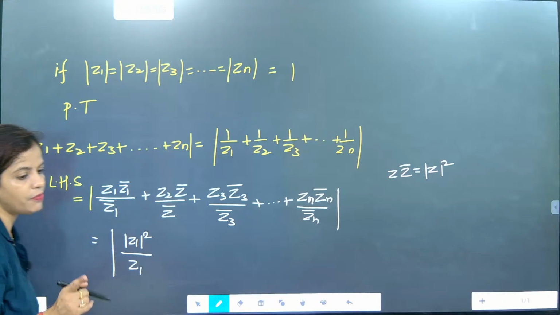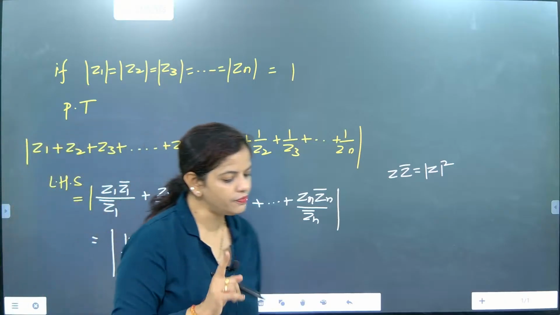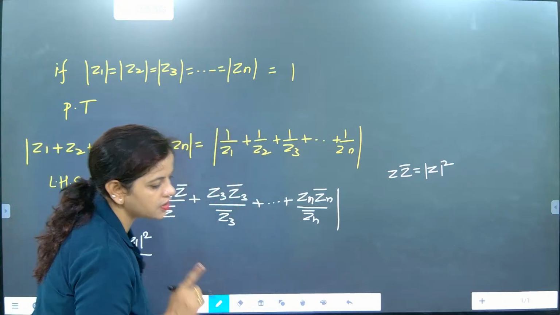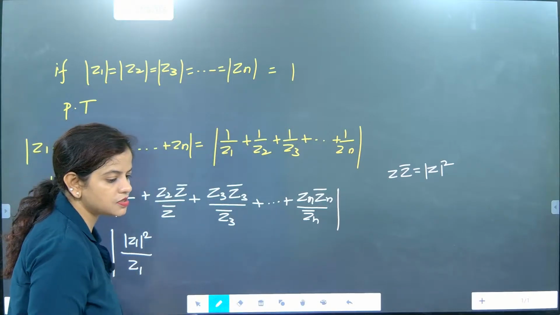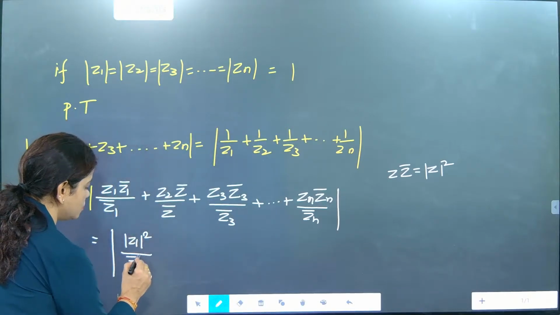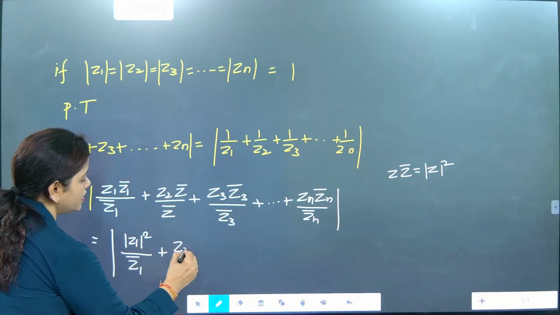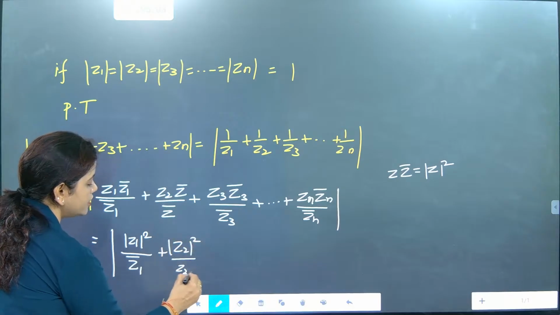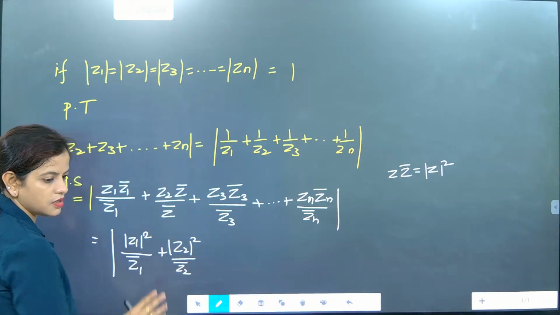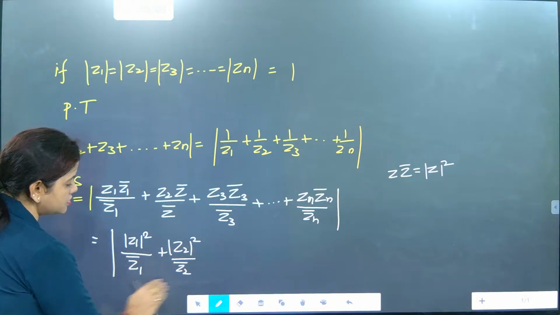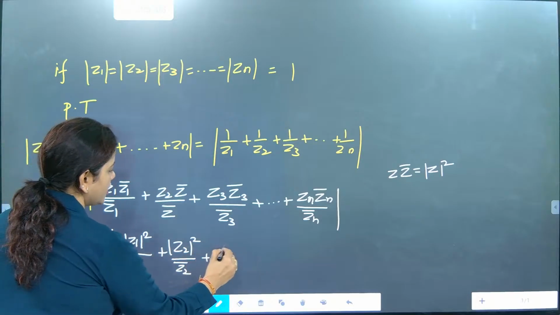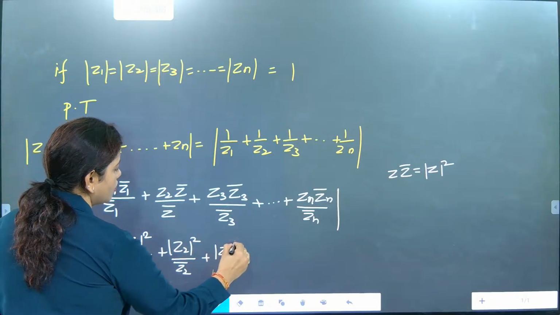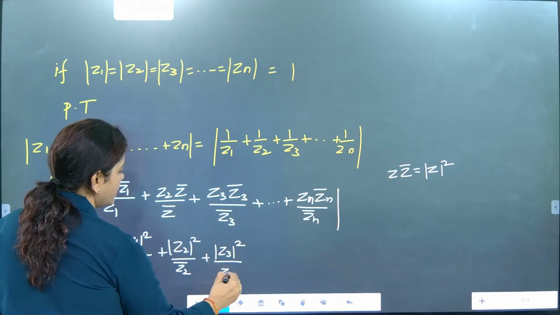Okay, Z1 bar is there. Will we be able to do any work? Check this one out. Modulus, just relax, don't think too much. Just do it. Modulus of Z1 whole square, then Z2 modulus. Outside is modulus, the conjugate part I did. Now look at Z3 modulus whole square by conjugate.